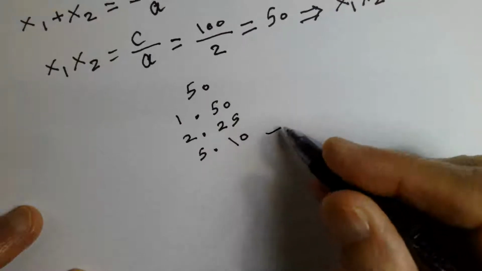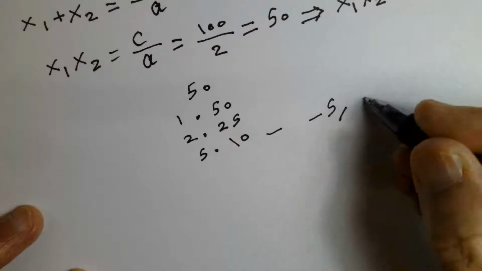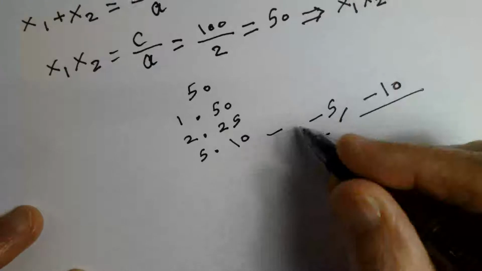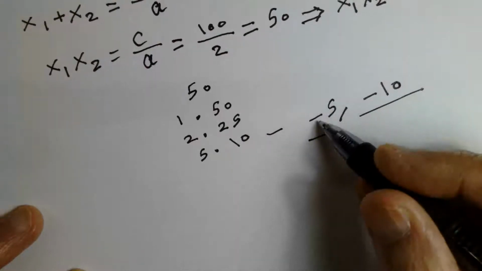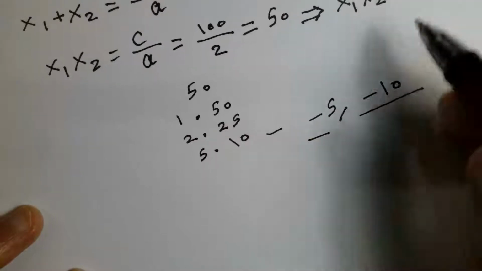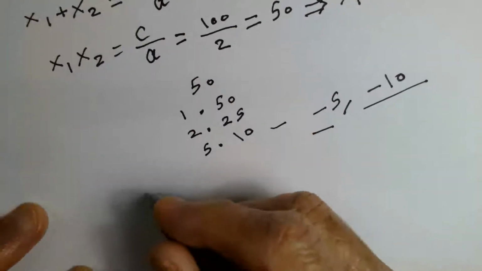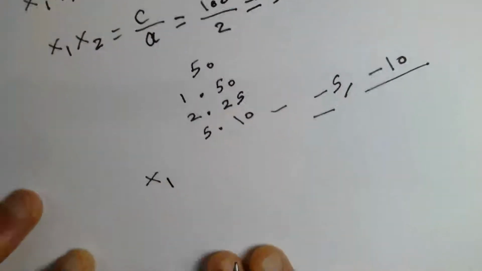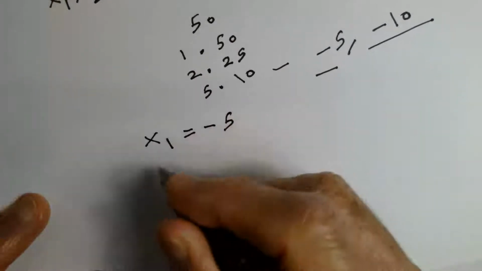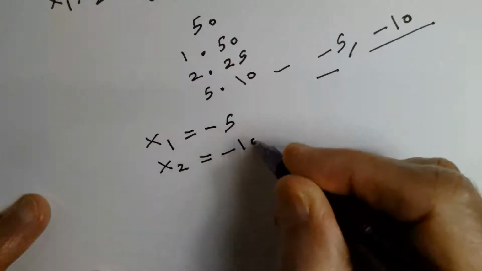But if we take minus 5 and minus 10, their multiplication is 50 because minus into minus is positive. And their addition also is minus 15. So we can say that x1 is equal to minus 5 and x2 is equal to minus 10.